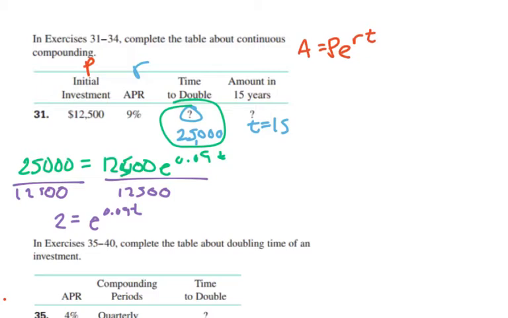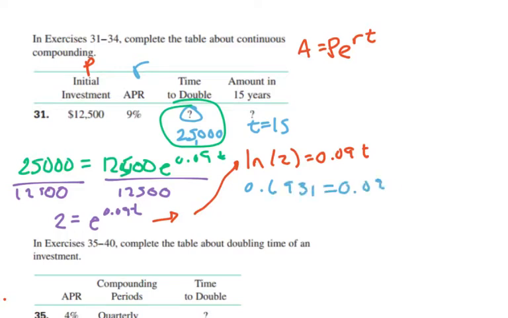Since we have a base of e, we're going to rewrite this in log format, but natural log format. So natural log of 2 equals 0.09t. Natural log of 2 happens to be 0.6931. If we divide by that multiplier of 0.09, we end with a time frame of 7.7 years.